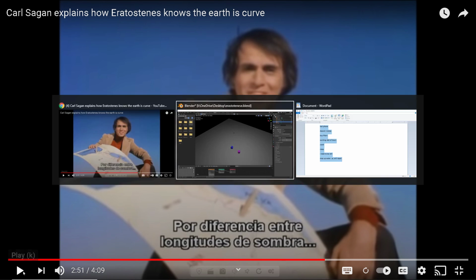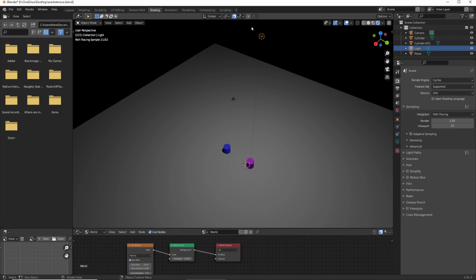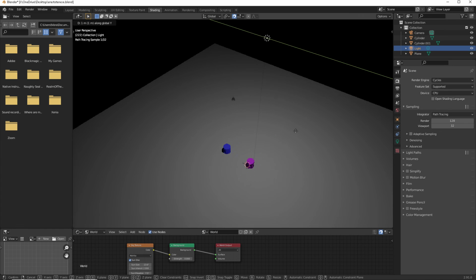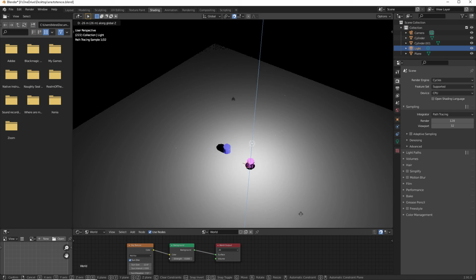How come they don't want to talk about this? Let me drop the height on this thing, so we can see. I'm going to do it on the x-axis, or z-axis, I'm sorry. You see, as it drops, look what happens to the shadow.